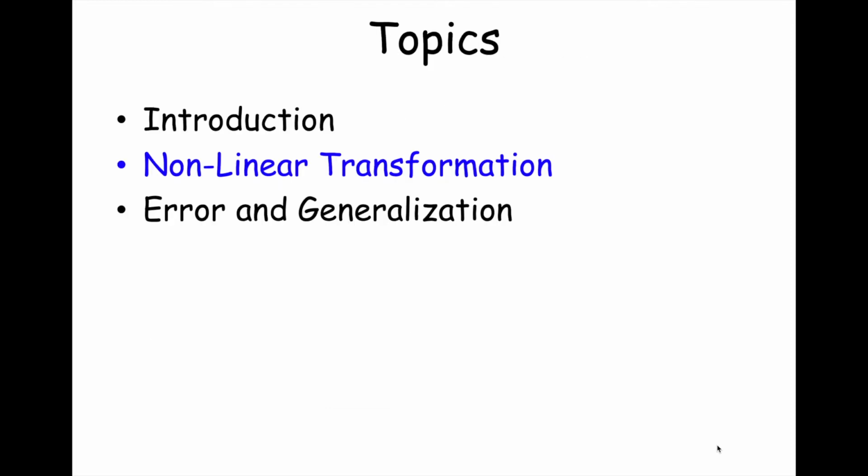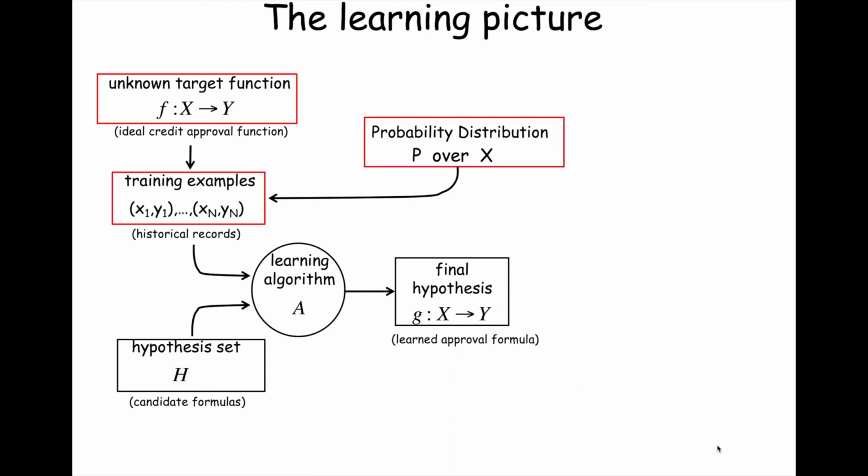Okay, so let's take a look at error, because as we talked about, error is our measure of coincidence between the ground truth target function's labeling of a point and the hypothesis's output labeling for a point. And we had this diagram. And again, for this diagram, the red boxes are things you have no control over.